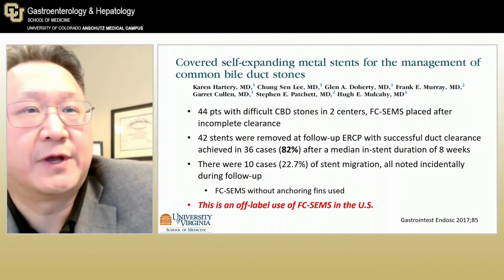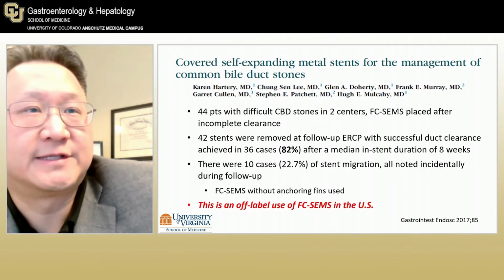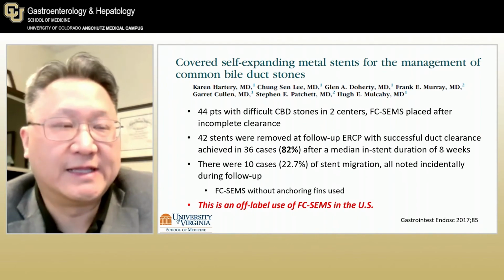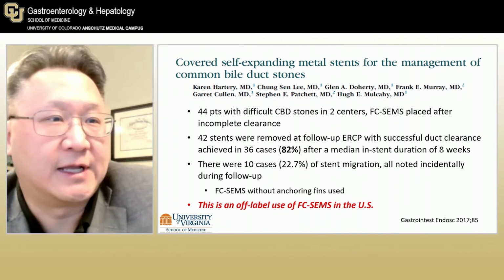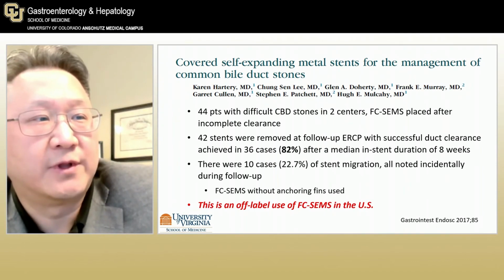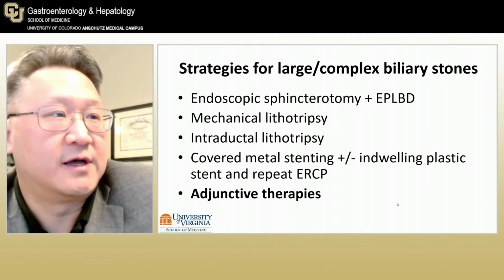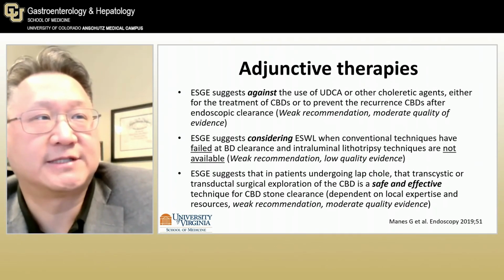And on the follow-up ERCP, done about 8 weeks afterwards, 82% had successful ductal clearance. However, it's important to remember that in this series, there was about 23% stent migration, and the stents used were those without anchoring fins.